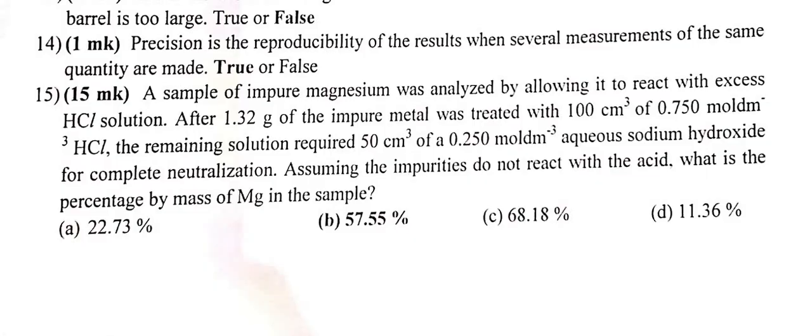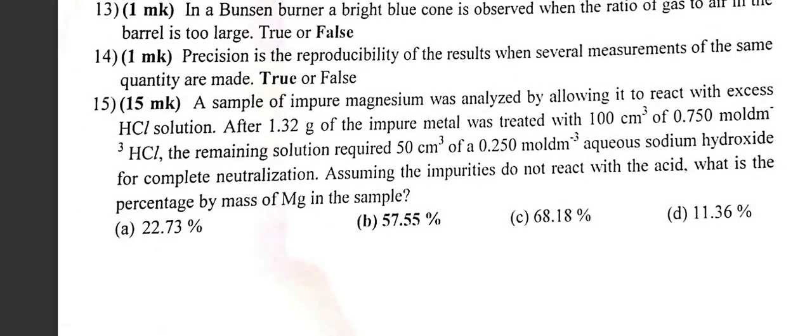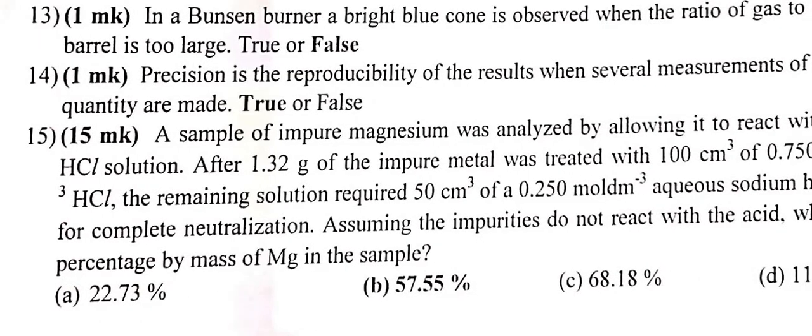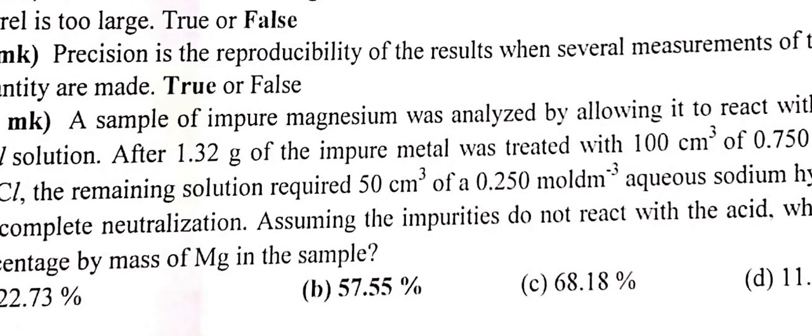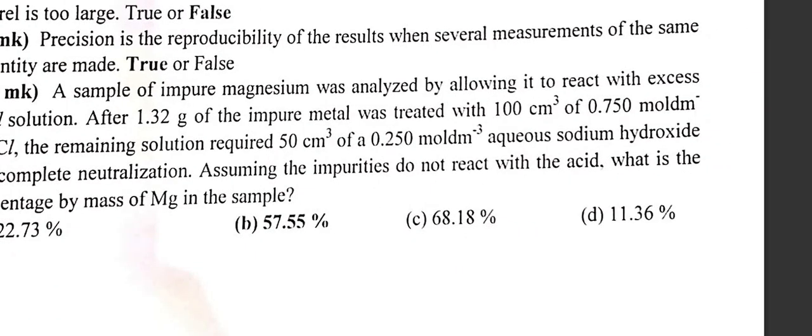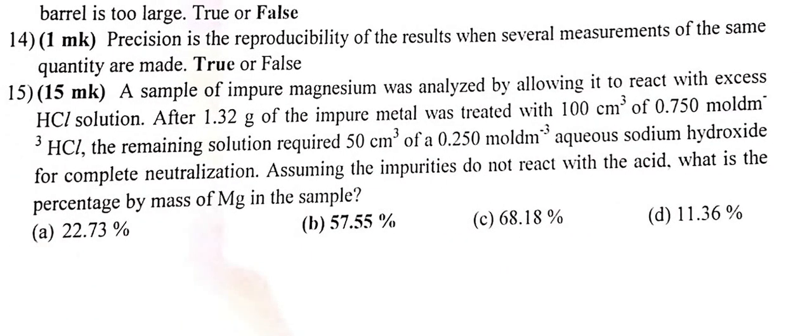They said magnesium, this guy here, just a minute, my screen is performing. The magnesium, this guy here, hope you're seeing the arrow that I'm using to point here. So the magnesium was analyzed by allowing it to react with excess HCl, right? That's the first statement they're giving us. Then here they're saying the remaining solution of what?